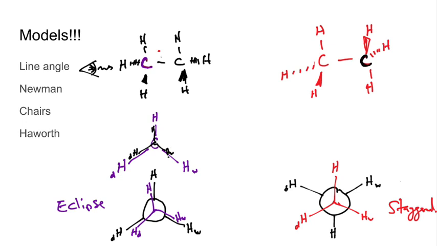What does that line represent? A bond, and a bond is electrons. So it's staggering the bonds away from each other. That would mean the staggered conformation would be lower in energy because the electrons are not occupying the same space.